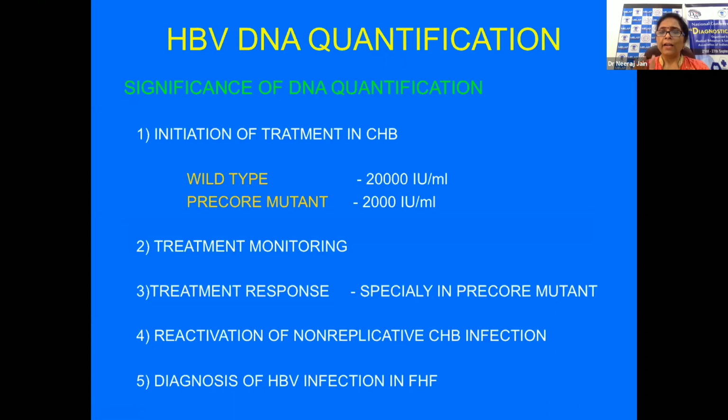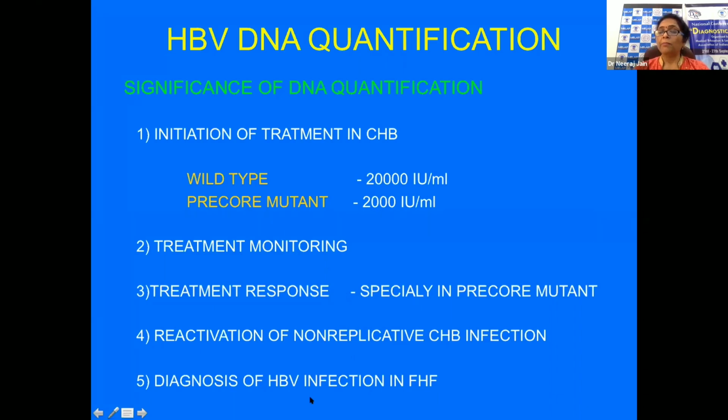In wild type, meaning the E antigen positive group, we take a cutoff of 20,000 IU per ml, and in pre-core mutant, it is 2000 IU per ml. Treatment monitoring is also generally done by HBV quantification, as is treatment response, especially in the pre-core mutant group, reactivation of the non-replicative HBV state, and diagnosis of fulminant failure in HBV infection.